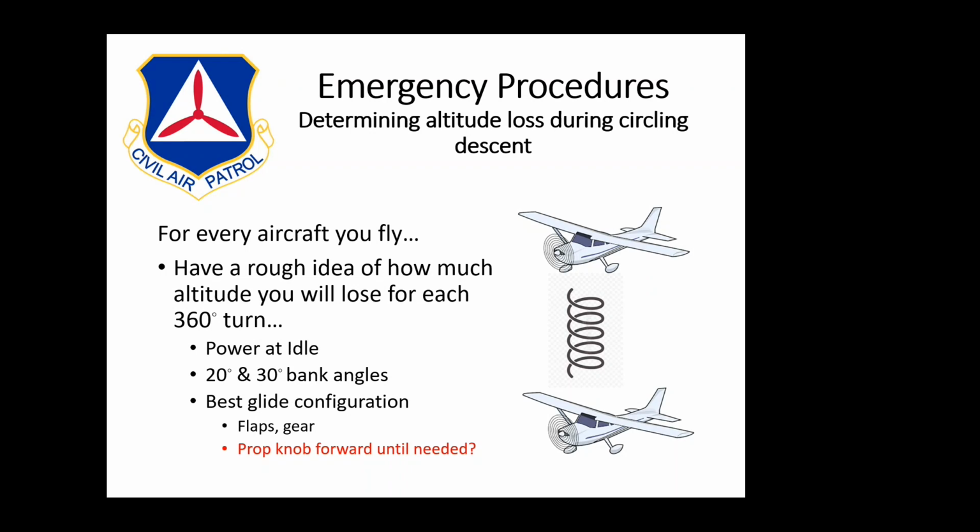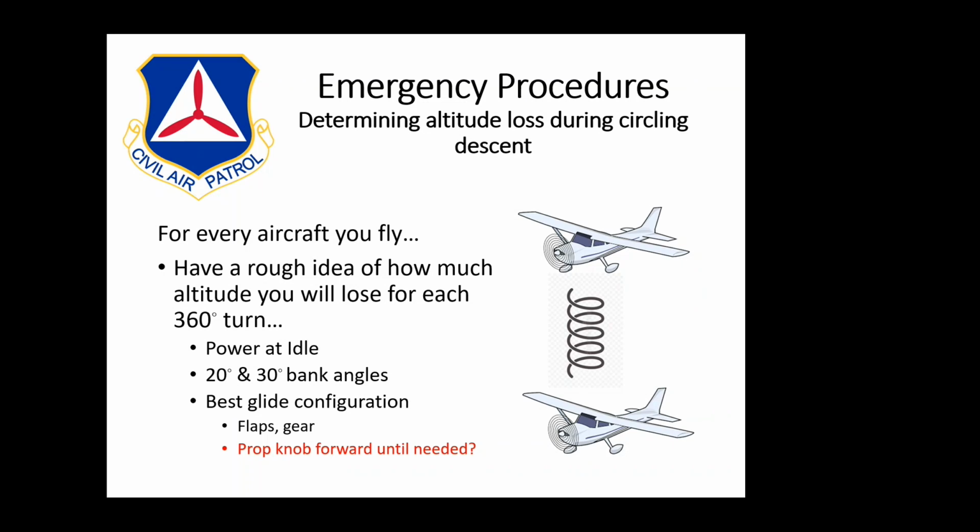They're out looking for it and they have no clue where their original spot was. Or if they actually pick it out, they have now lost so much energy, they have no chance of getting back to it. So part of this procedure is to give you the tools you need to understand how many turns you can make staying over the same area, rather than just flying straight ahead and away.